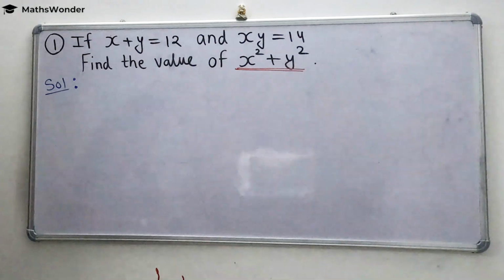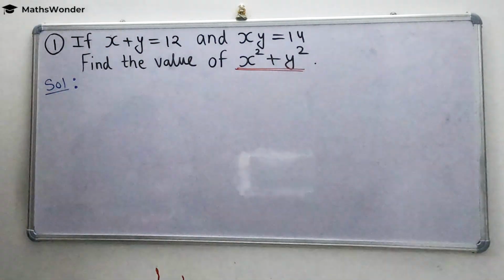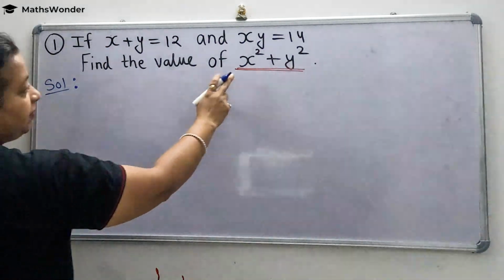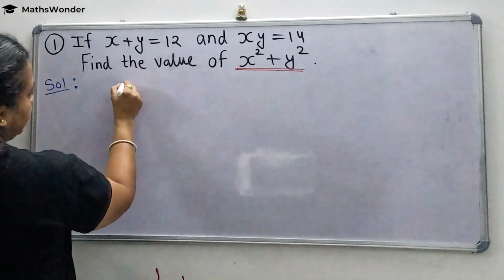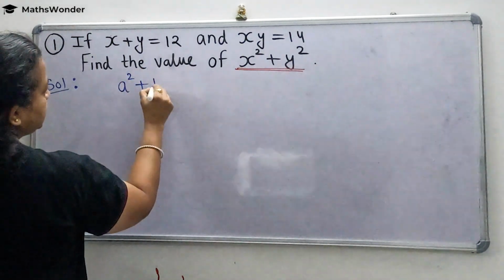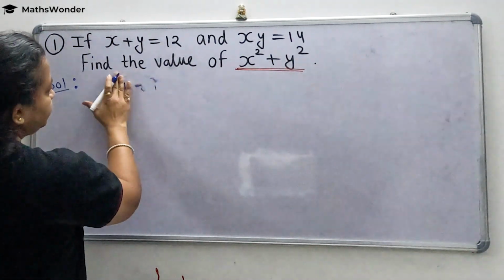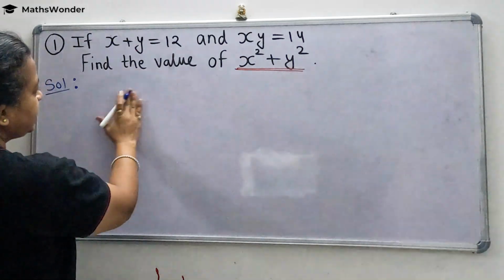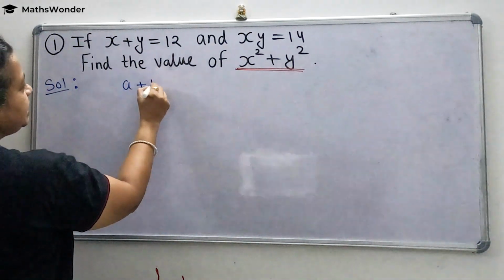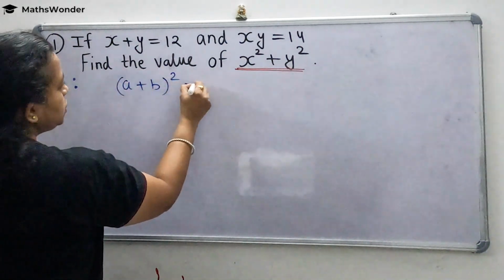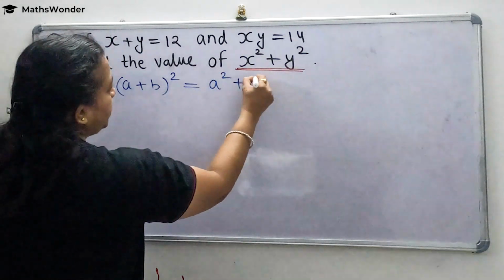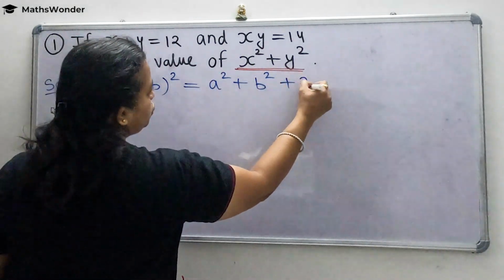Then how will you solve it? So we know our identity is given in this form: a plus b whole square. So now I will change the identity again. Your identity is what? A plus b whole square is a square plus b square plus 2ab.